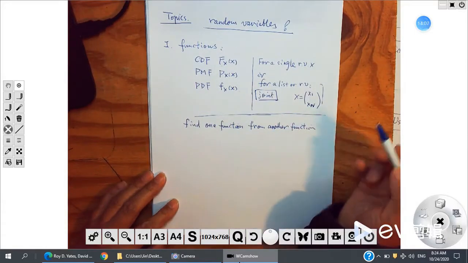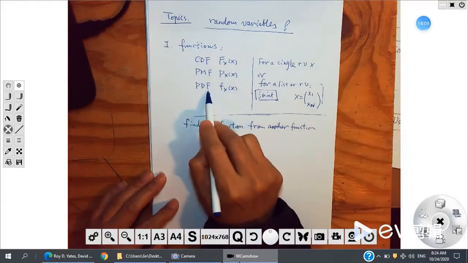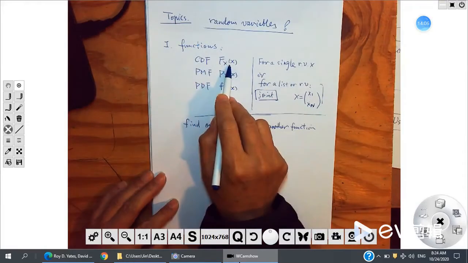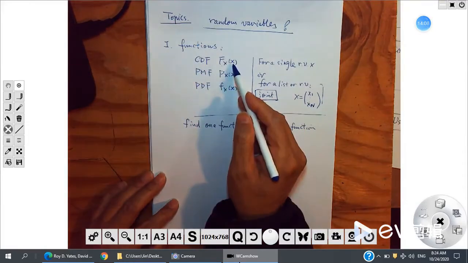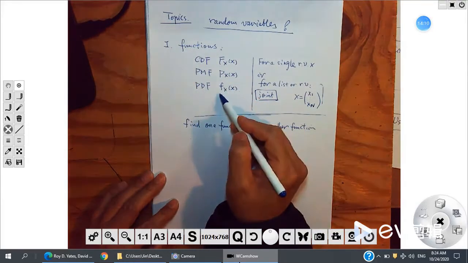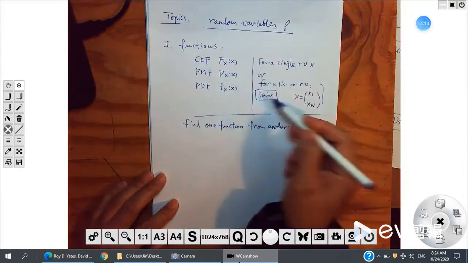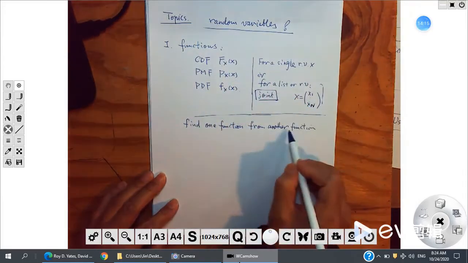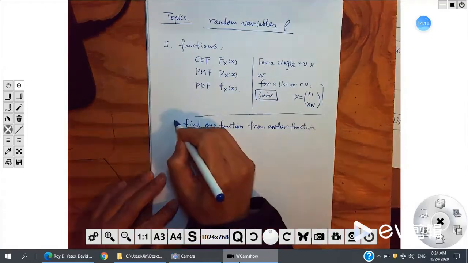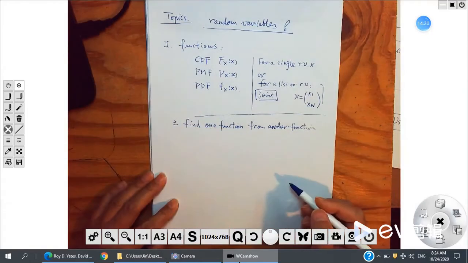For example, you know the PDF, you want to find the CDF. Or reverse, you know the CDF, what is the PDF? You know one function and then you want to find another one. You want to solve this kind of problem.